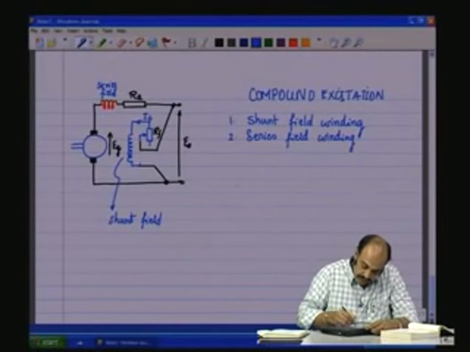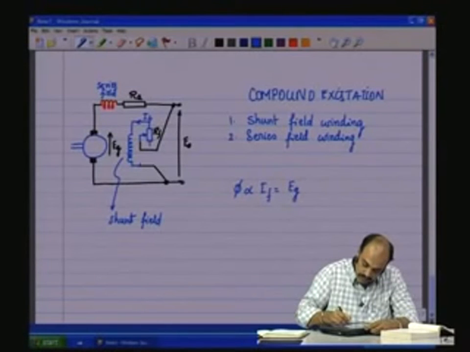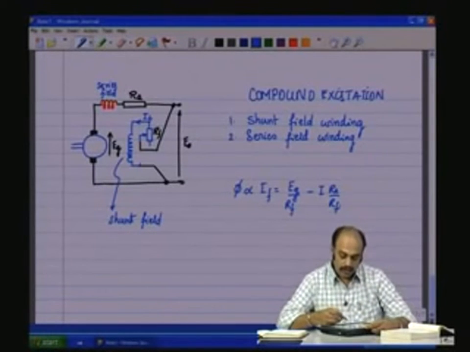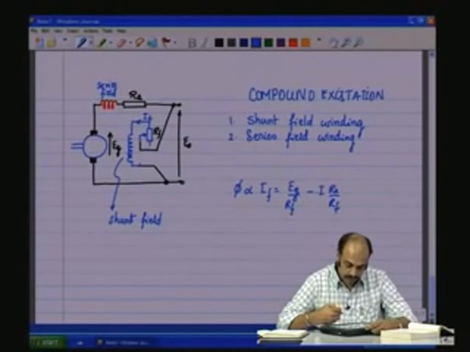Now, in the case of the shunt field winding, the flux is proportional to IF, which is given by EG by RF minus I RA by RF. So, this flux is going to vary with the load.